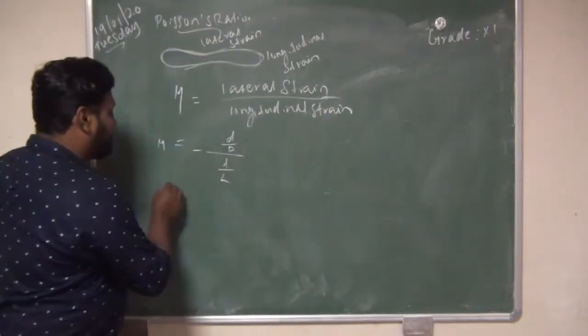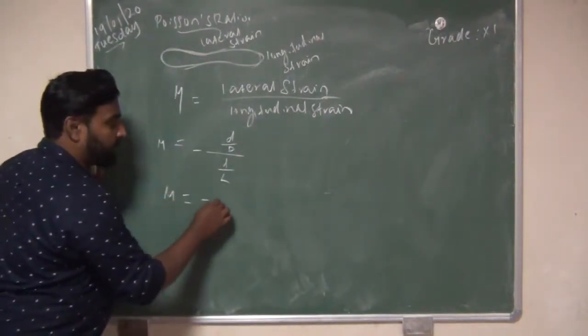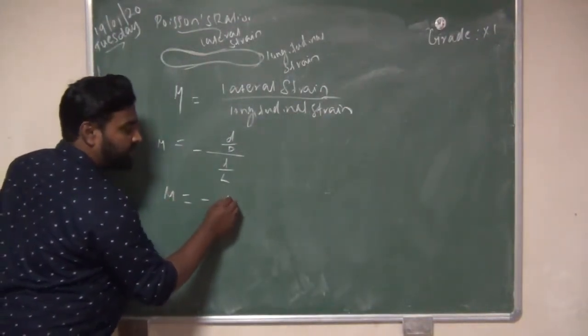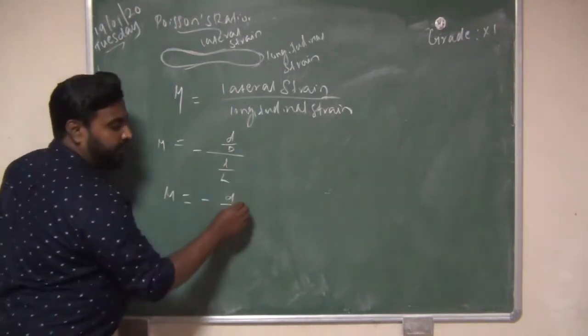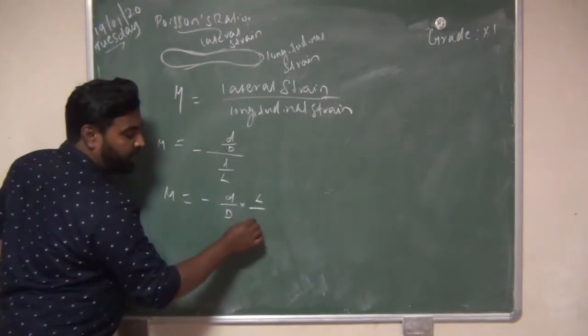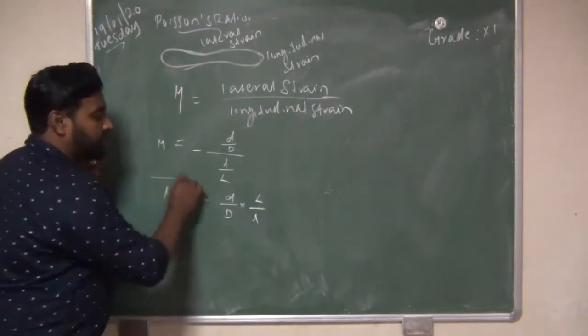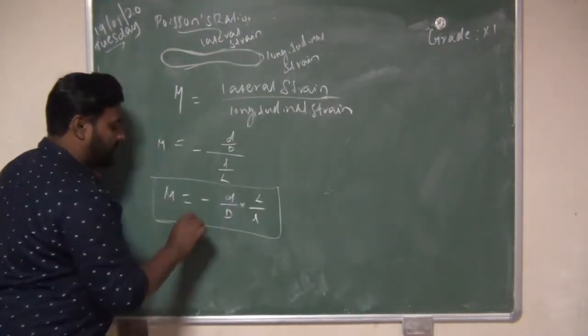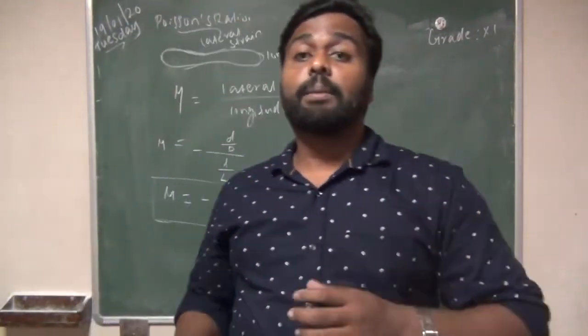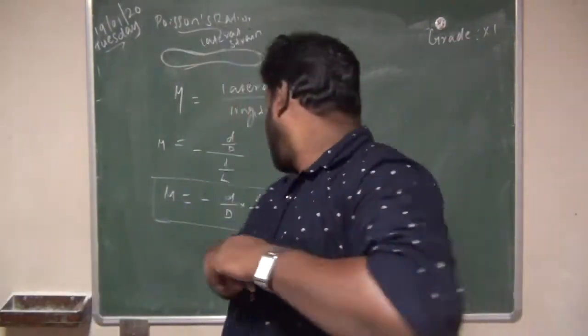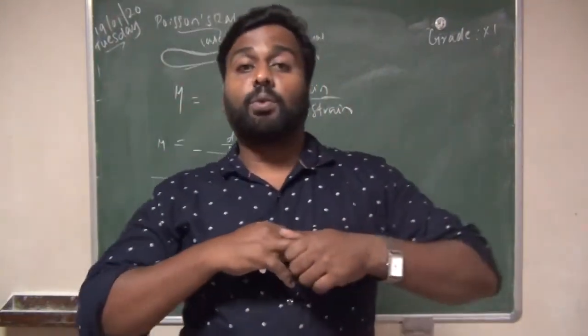So you can write Poisson's ratio, mu is equal to minus small d by capital D, with the length ratio taken upside down, capital L by small l. Mu is equal to minus small d by capital D into capital L by small l.